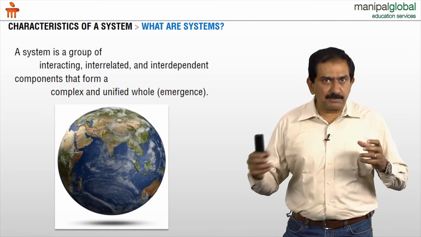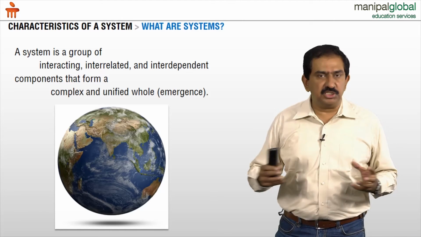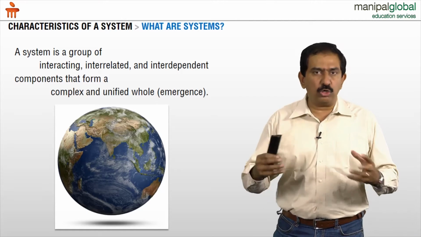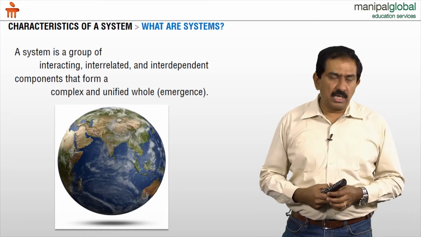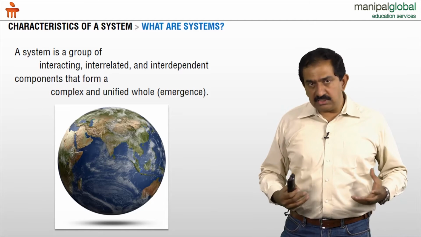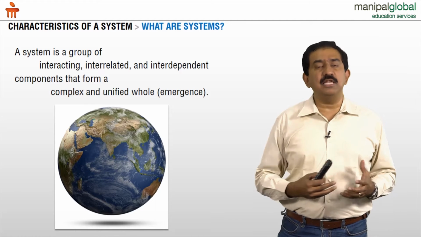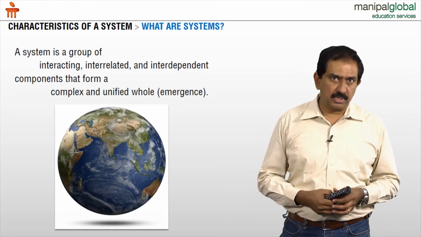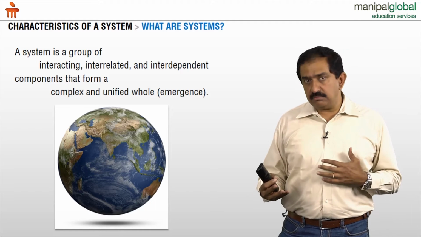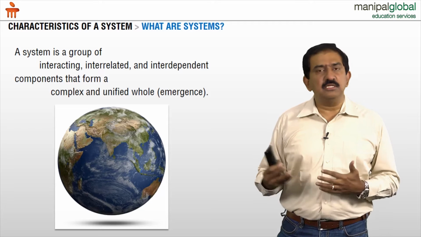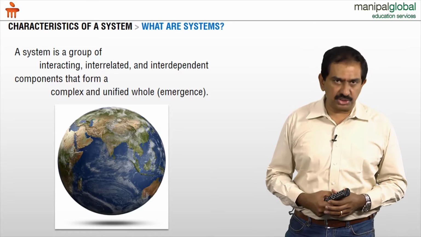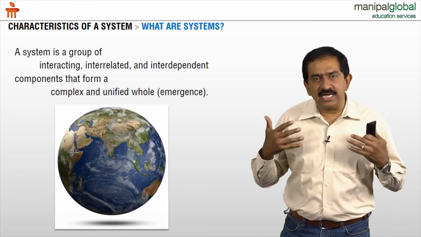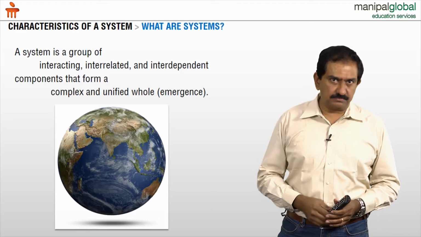Interacting means that the subsystems interact with one or more of the other subsystems. Interrelated means that the subsystems are related to each other in some form or the other. Interdependent, obviously, means that the subsystems are dependent on each other to behave and to create the characteristics of that system.